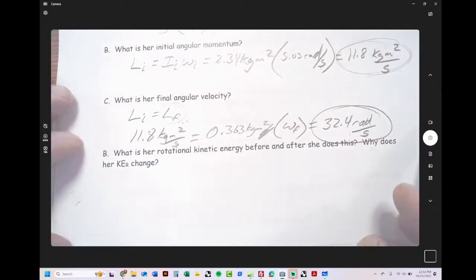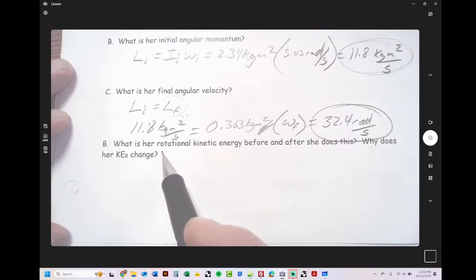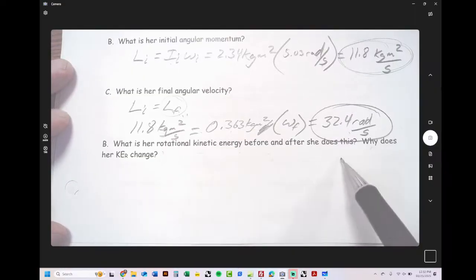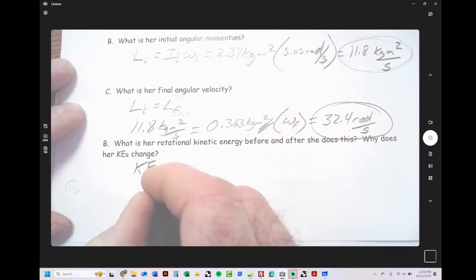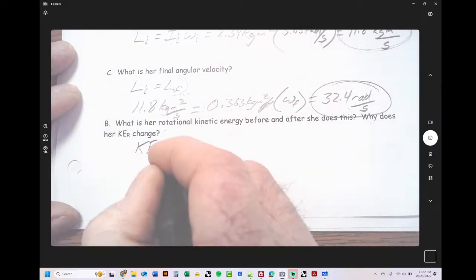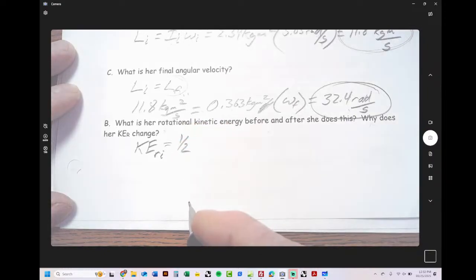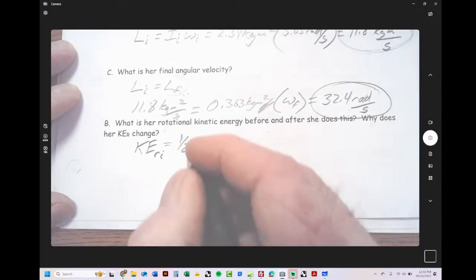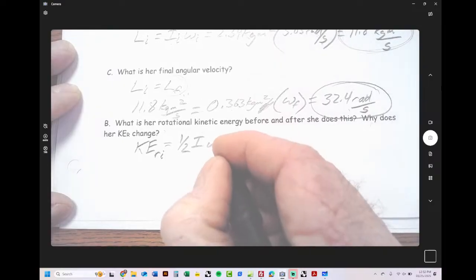And now, just for kicks, because it is a worthwhile thing to do, we're going to compare her rotational kinetic energy before and after she does this. So do you remember, what is the formula for rotational kinetic energy? 1/2 I omega squared.